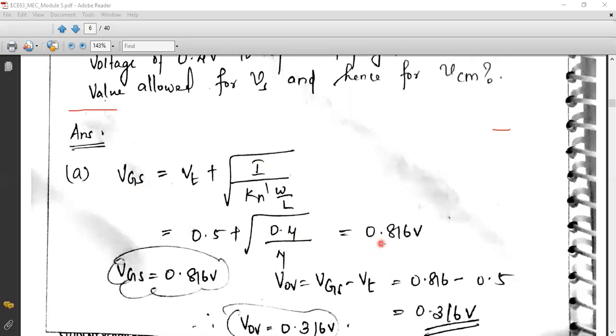See if you are getting 0.816 volt. Take your notes, take your calculator, start doing. Confirm in the chat box whether you are getting 0.816 volt for VGS.